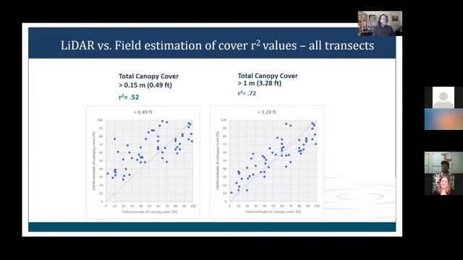The LiDAR tends to over-predict cover. On the right, you can see total canopy cover from 1 meter and above, and in this case, we've got a better correlation and a tighter fit. So this gives us a sense that the LiDAR is doing pretty well at the higher layers in the canopy, and we're having some challenges as we get closer to the ground surface.